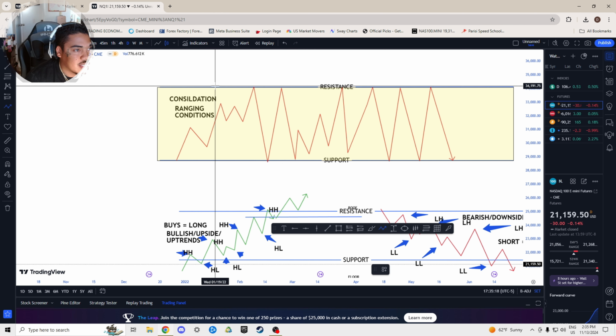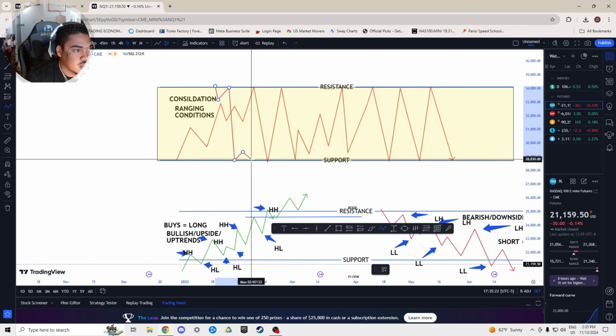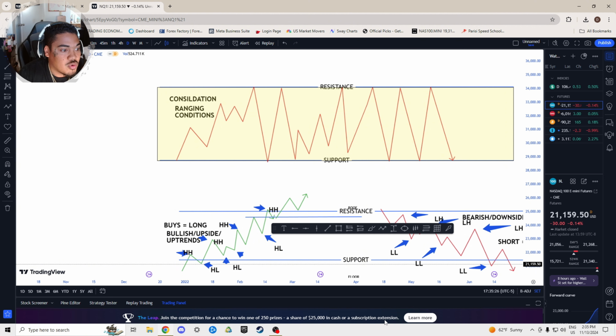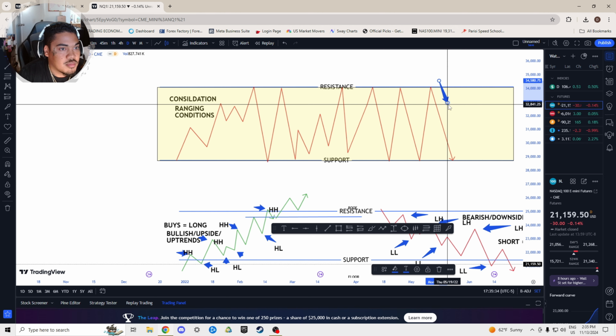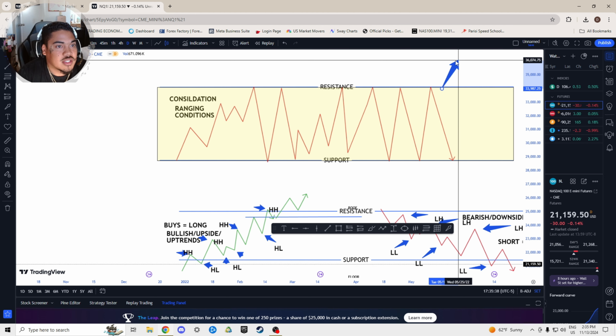Whether it be from taking it from resistance to support or support to resistance. But it gets tricky because you don't know when the price is gonna break to the downside or even break to the upside. So that's the thing about those conditions right there.